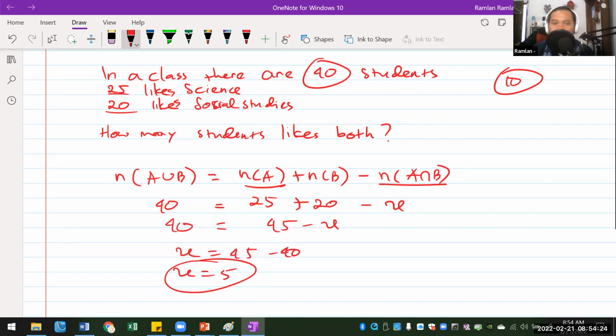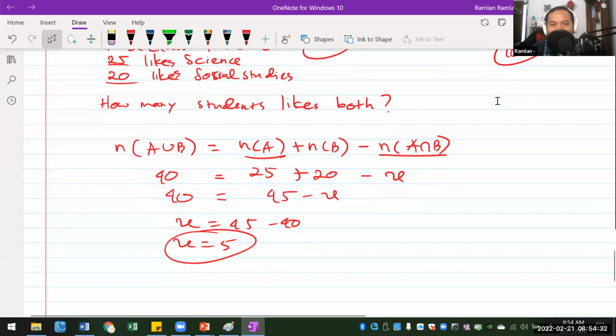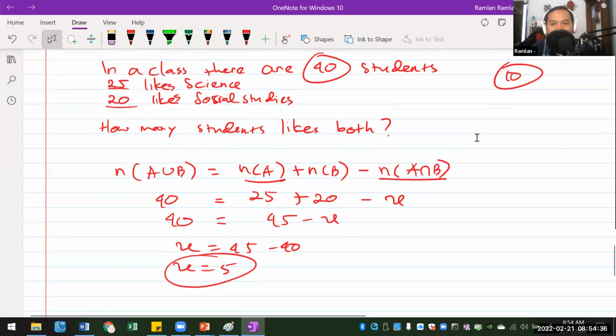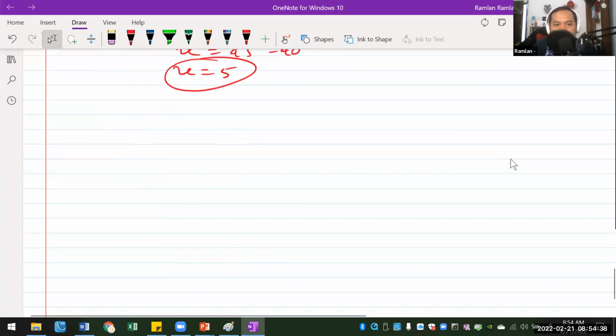Okay, if you still remember. If you don't, just look at your notes again. So how can we draw this in a Venn diagram? Since we know we have 5 in the middle as the intersection, we can draw it like this. In here we have 40 students.